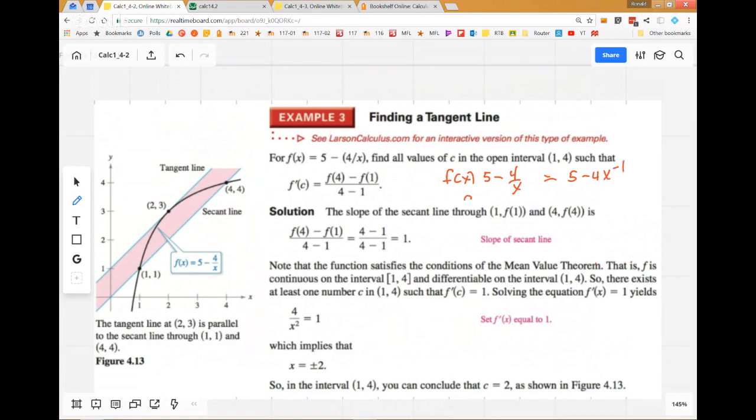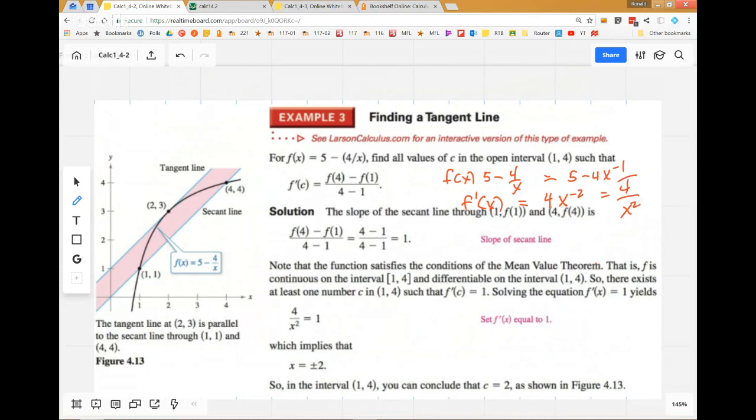And then when you do the derivative, what do you get? The derivative of 5 is 0. And the derivative of this, negative 1 times negative 4 is 4. Reduce the power by 1, you get 4 over x squared.